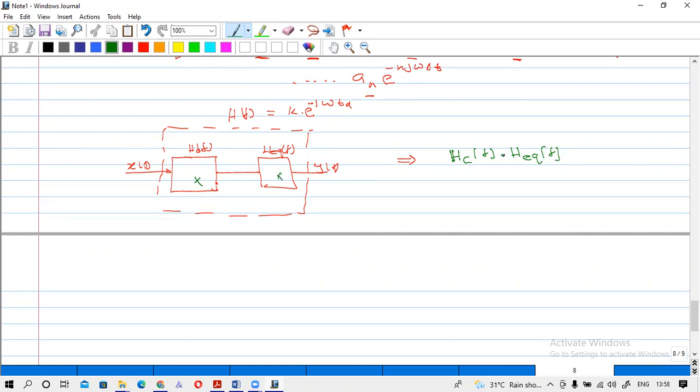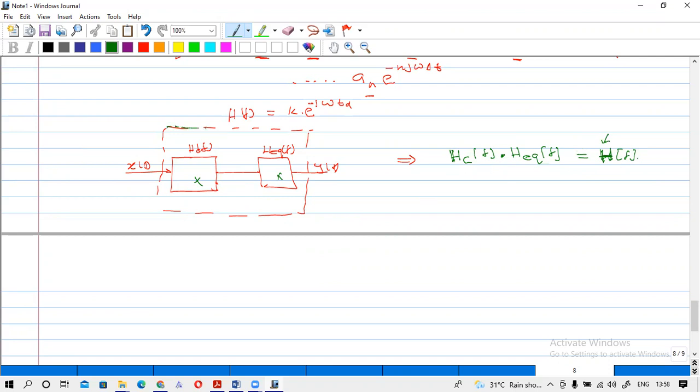So we have to get the product here. H(f) is the frequency response of this total channel. So this is the total system.